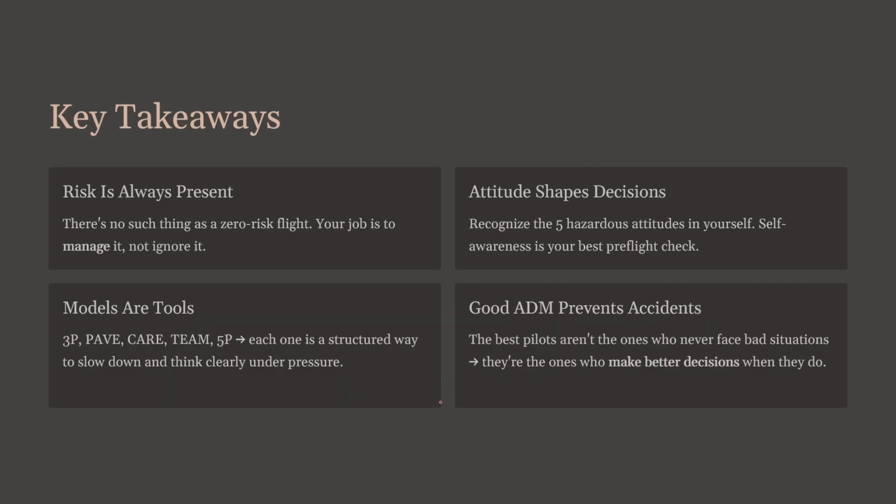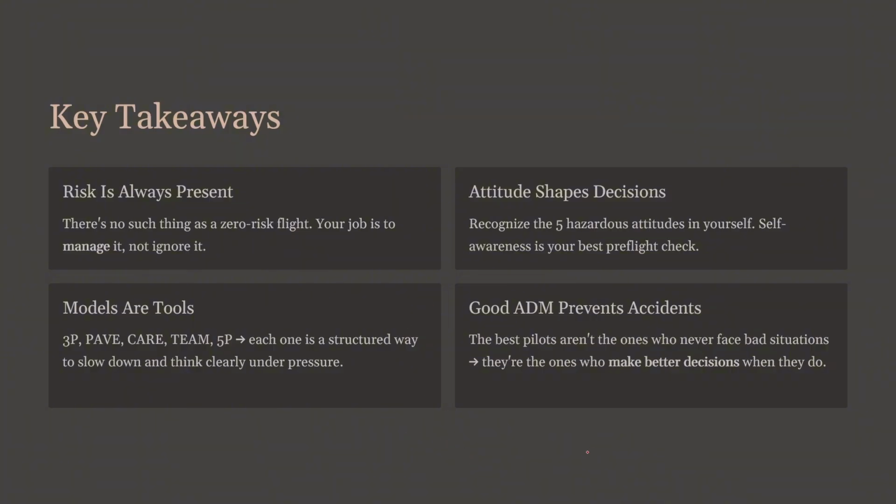Key takeaways. To conclude, risk is always present in aviation, and the goal is not to remove all risk completely, because that is impossible. The goal is to recognize it, assess it, and manage it properly. Hazard attitudes matter because attitude shapes decision making. And models like 3P, PAVE, CARE, TEAM, and 5P are useful because they give structure to our thinking.